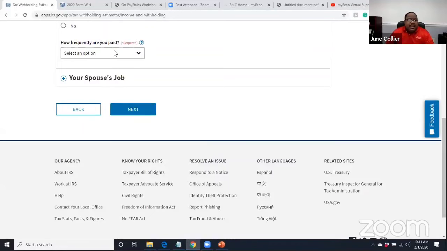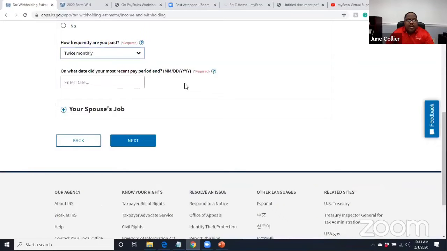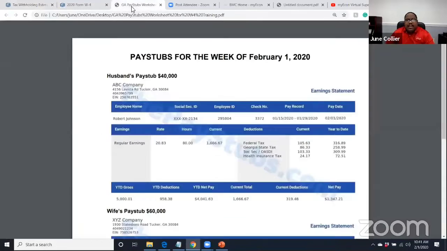All right, how frequently are you paid? This person is paid twice a month. So the husband is paid twice a month. On what date did you receive your most recent pay period? On what date did your most recent pay period end? So we'll go back and look at the pay stub that they have. If we look at the husband's pay stub, they got paid on the 1st of February.